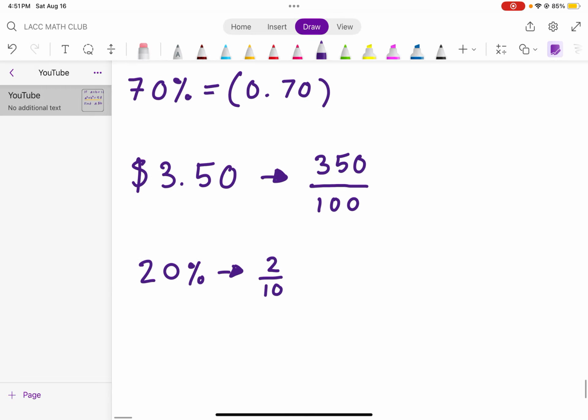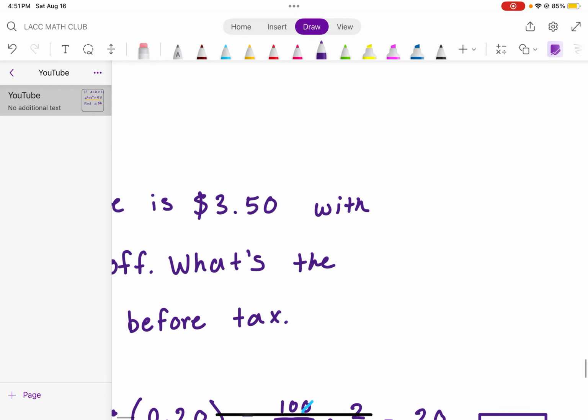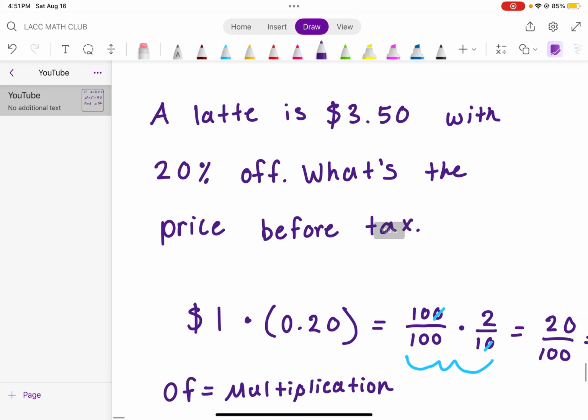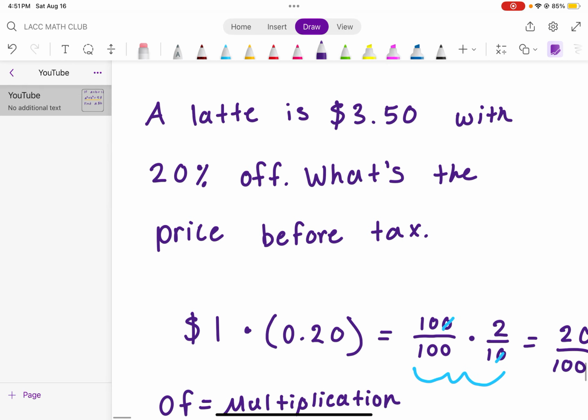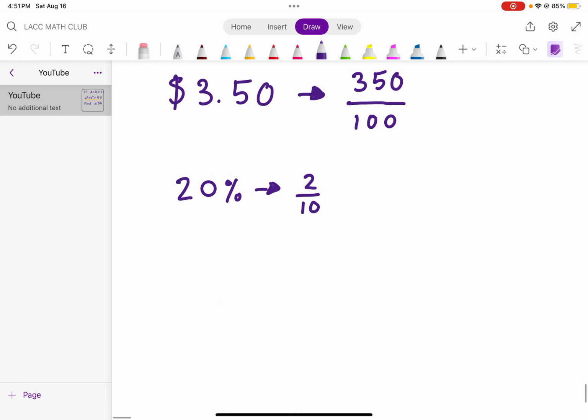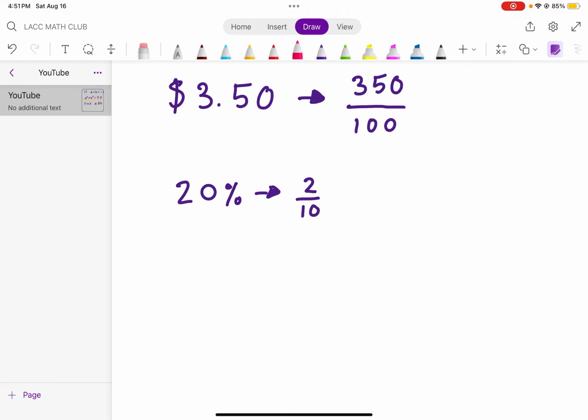Now, if we want to find the price before tax with 20% off, we need to know what 20% of this latte is, right? And the way we would find that is by multiplying these two together. So 350 over 100.